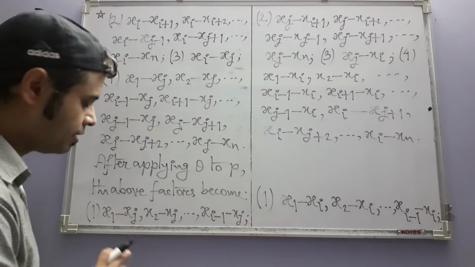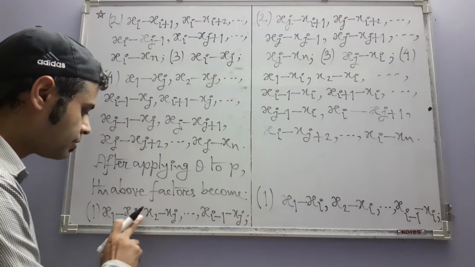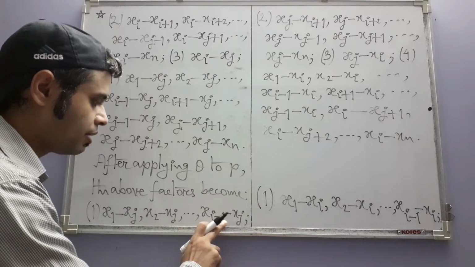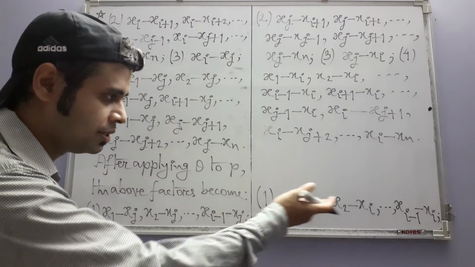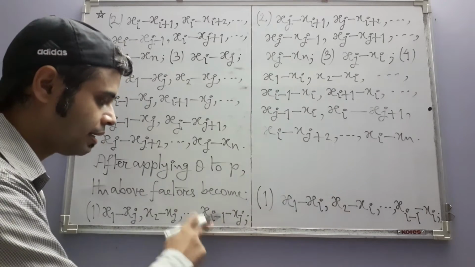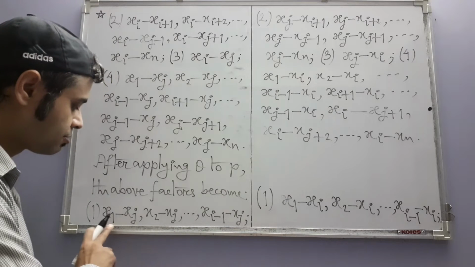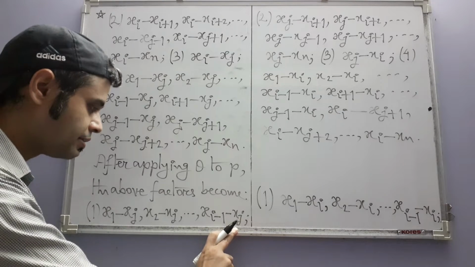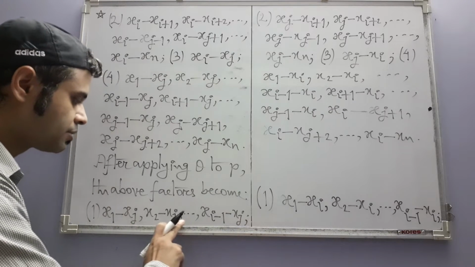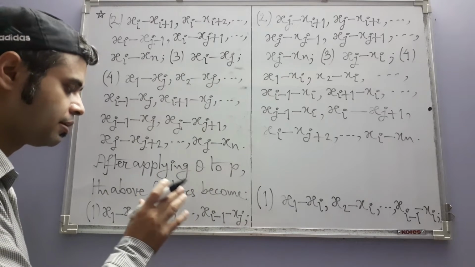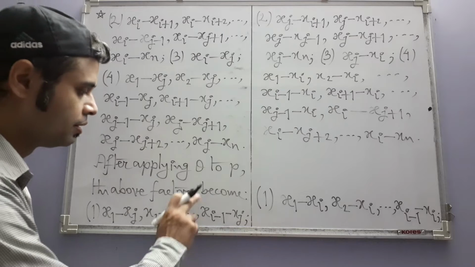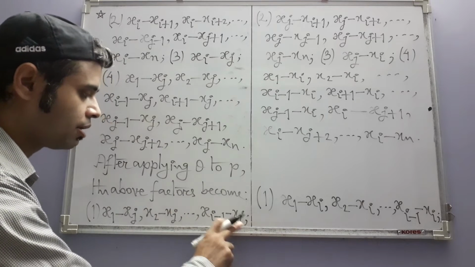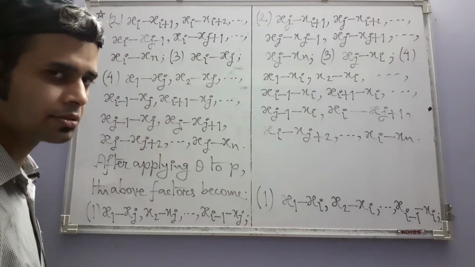Okay, so let's again look at this. 1, 2, 3, etc. up to i minus 1, they are all less than i, like what we noticed here. But i itself is less than j, so all of them are also less than j. That means these factors will stay in our polynomial the way they are appearing here. There is no problem. The first suffixes are all less than the second suffix.